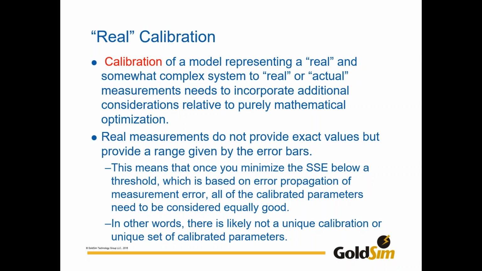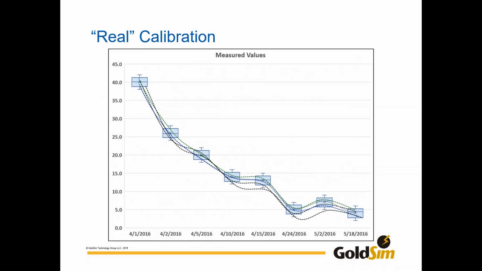So conceptually, in this simplistic plot, I have these data values, and I have some uncertainty related to what these values are. All of the lines represented in this crude figure would be equally viable calibrations.